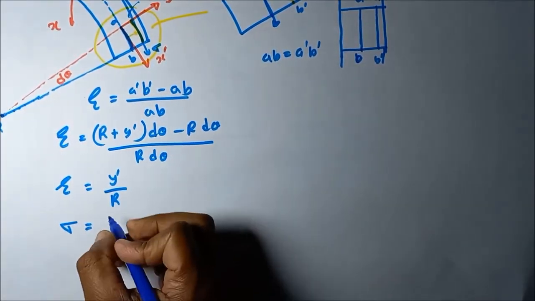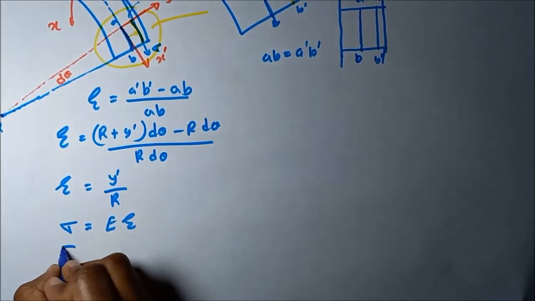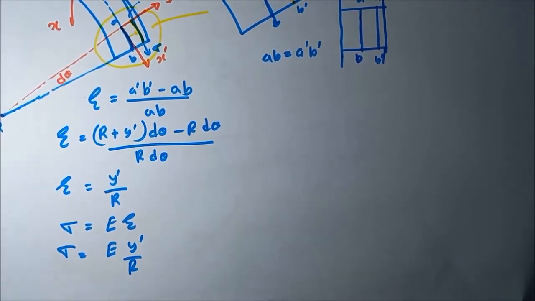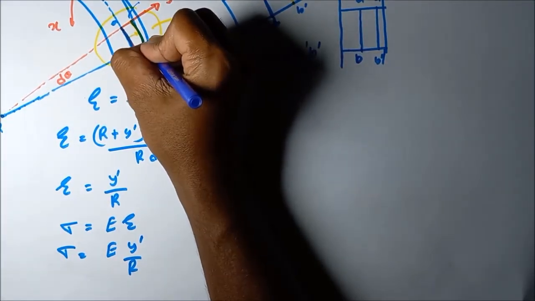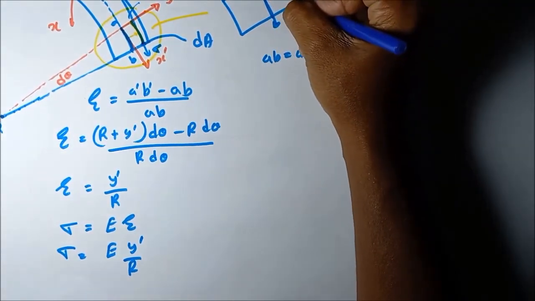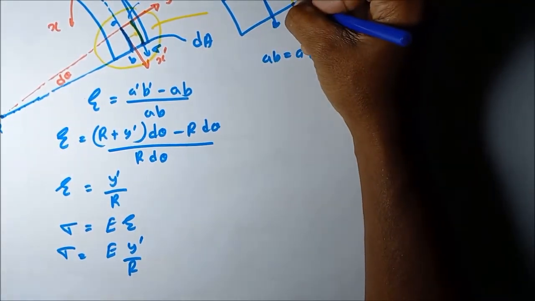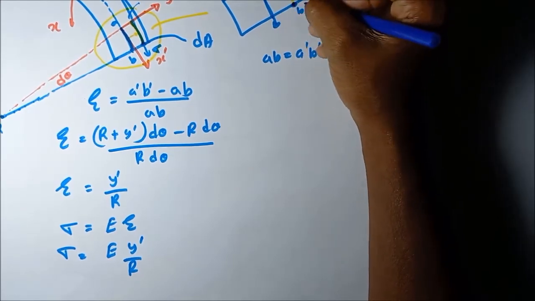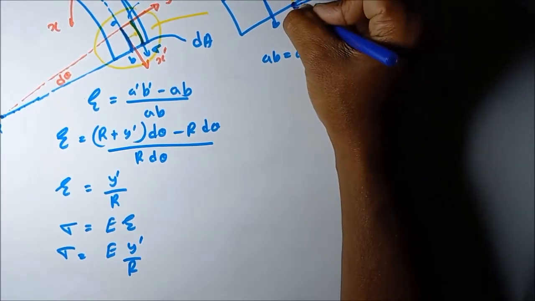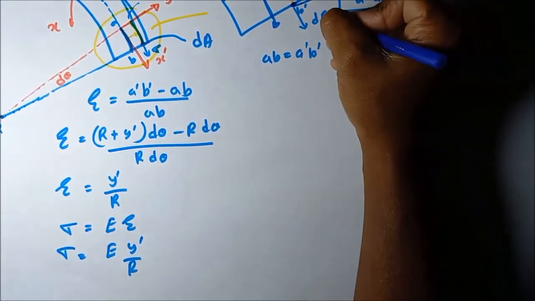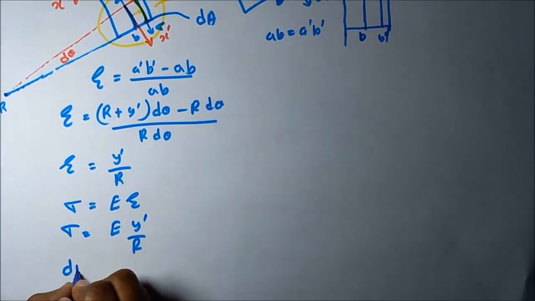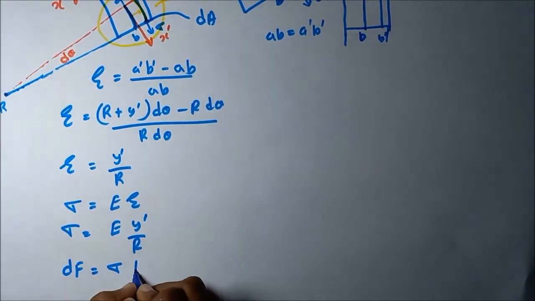Stress sigma is equal to E into epsilon, so sigma is equal to E y dash divided by R. Then if you take a small cross-sectional area dA at this point, normal to this cross-sectional plane on this fiber, what is the force acting on this dA surface area? Let's take dF as the force acting due to this stress. dF is equal to sigma into dA.